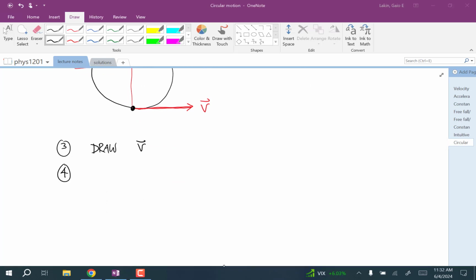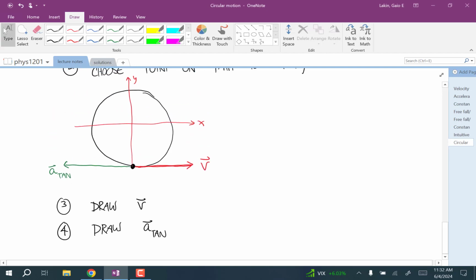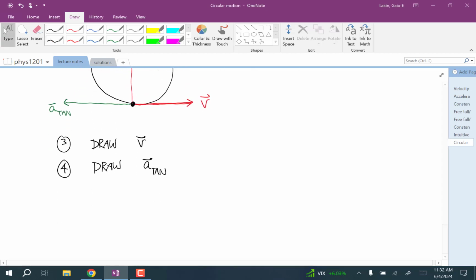Next, if it's non-uniform circular motion, then you're going to draw the tangential acceleration. So in this case, since it's slowing down, that's opposite the velocity vector. Five, draw the centripetal acceleration vector.